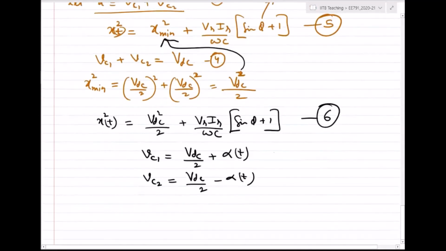So if I consider these equations number 7 and 8, and I try to substitute equations 7 and 8 into 6, what will I get?